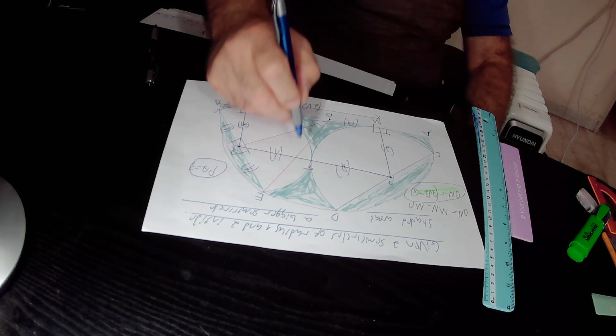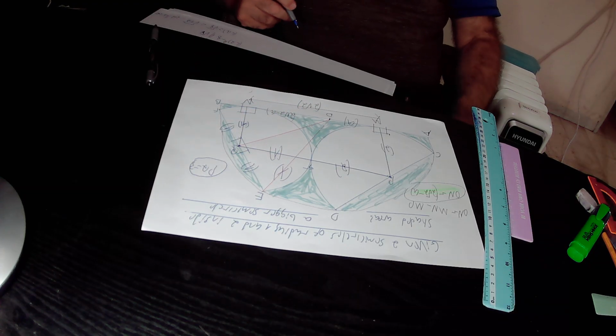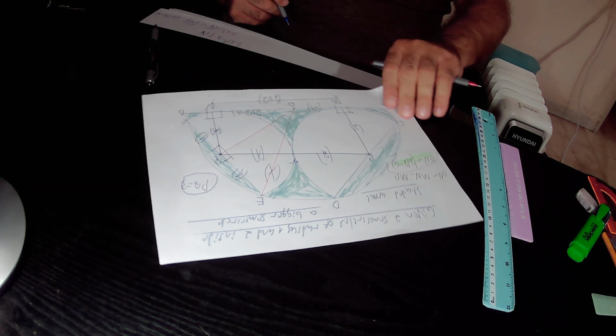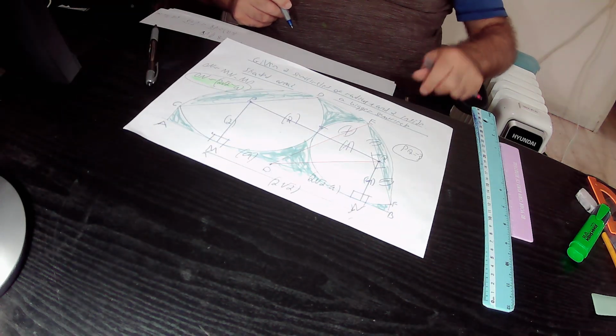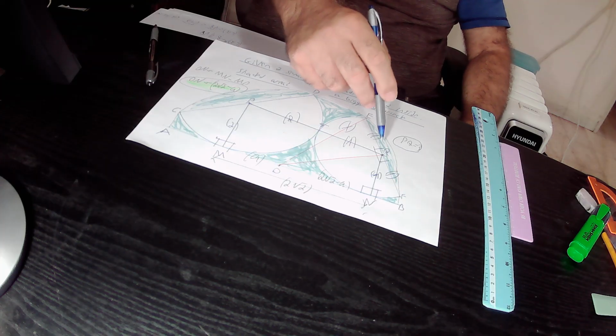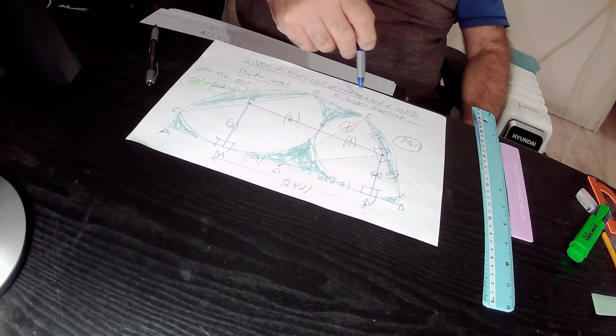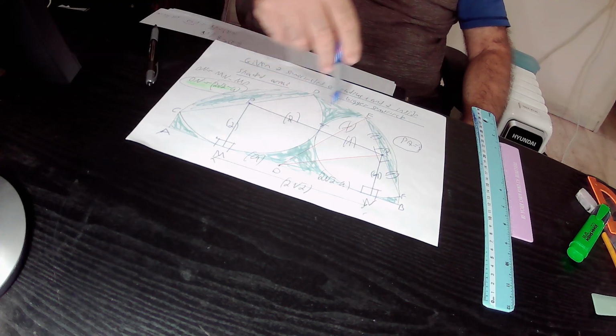Therefore, OE equals x. In the next step, we will implement the Pythagoras theorem on this right triangle EQO.